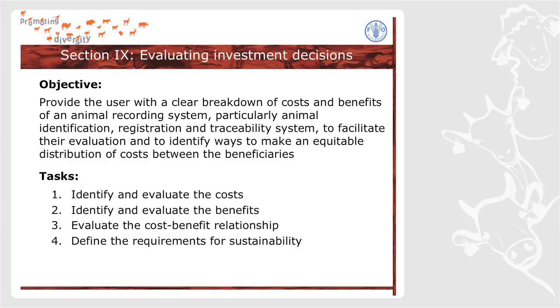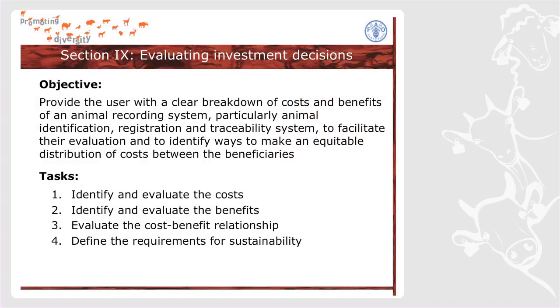For performance recording, it's much more complicated. This section also tries to find ways to reduce the cost and improve the cost efficiency of such a system, but also looks at ways to share the cost between the different participants through different modalities collected from different experiences in the world.